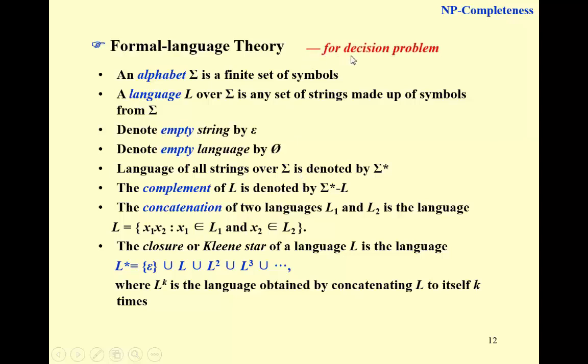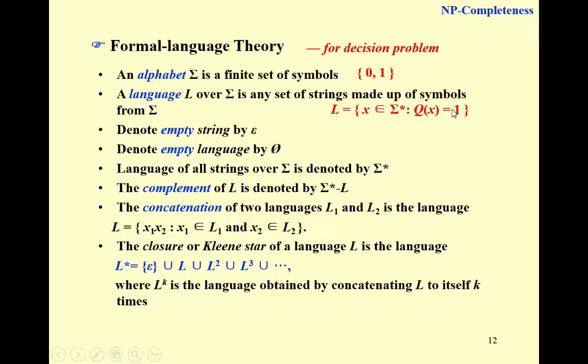So these are the terms that we use in the formal language theories. But just for our decision problems, alphabet is just the set of 0 and 1. And the language L is this. The language L is just the set of those problem instances that produce a 1, yes answer.